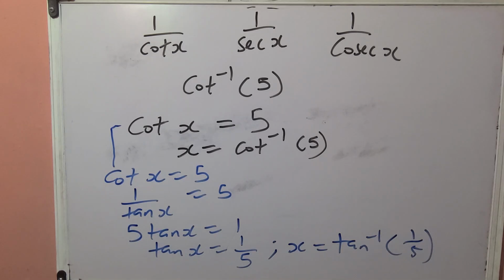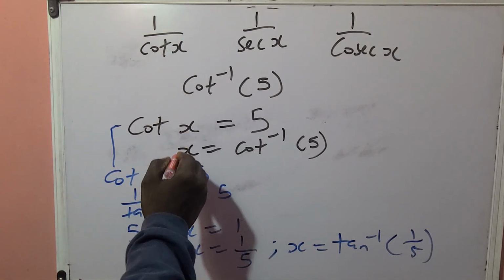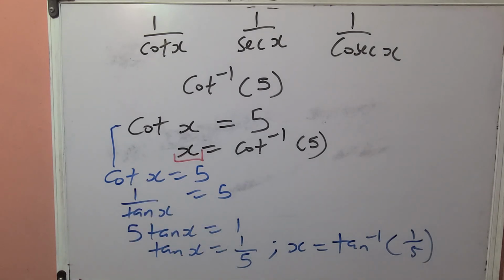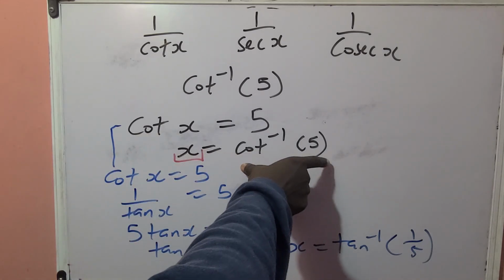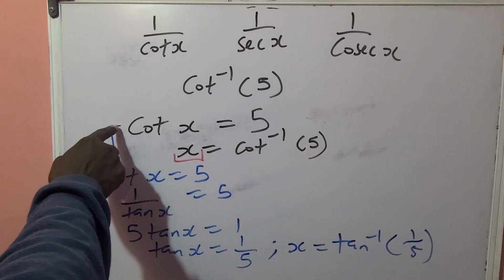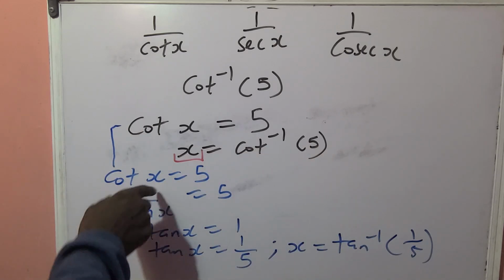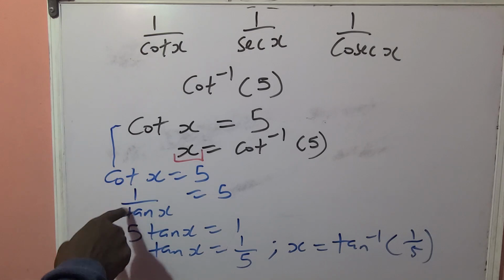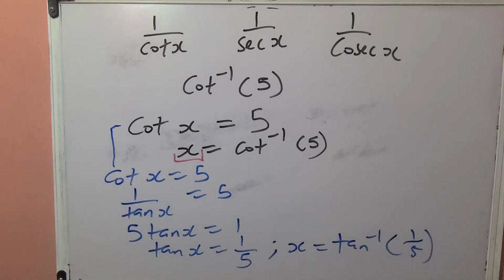Now, if you can notice what's going on here, this is our x value. When we were trying to find the arc cot, we said x was equal to arc cot 5. But we could not move through that route, so we went on to examine using the first scenario where we said 1 over tan x was cot x.